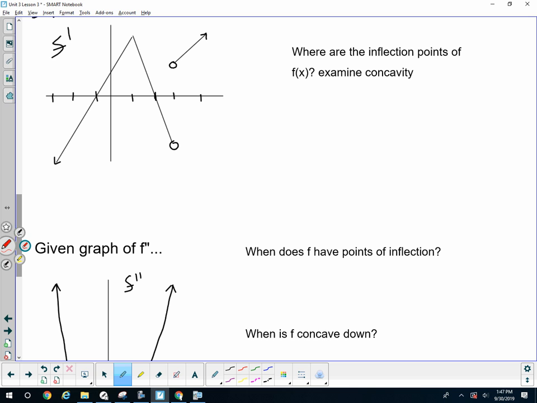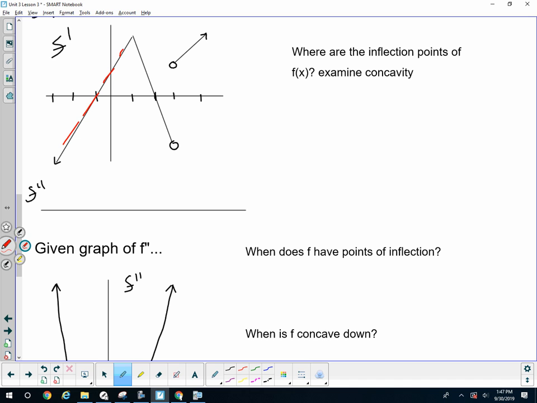People get afraid of sharp points and jumps. Don't be afraid. If you are asked questions about concavity, you look at slopes of f prime to give you signs of f double prime. Ready?